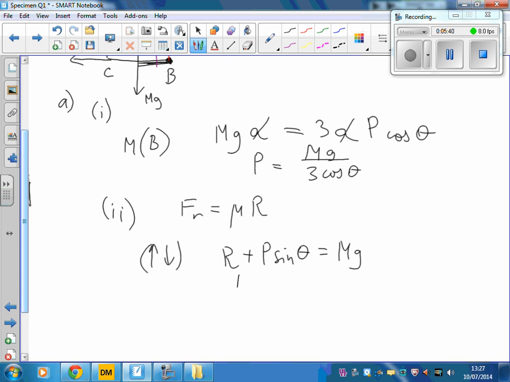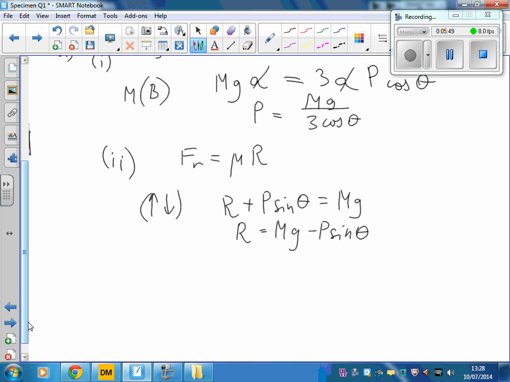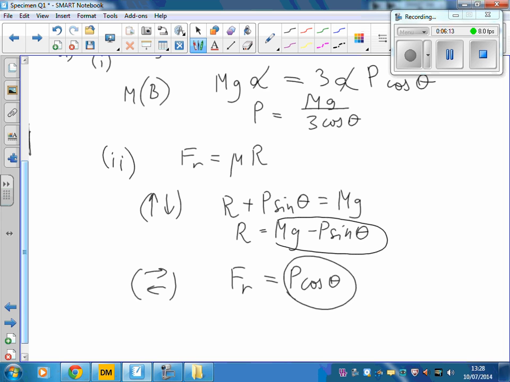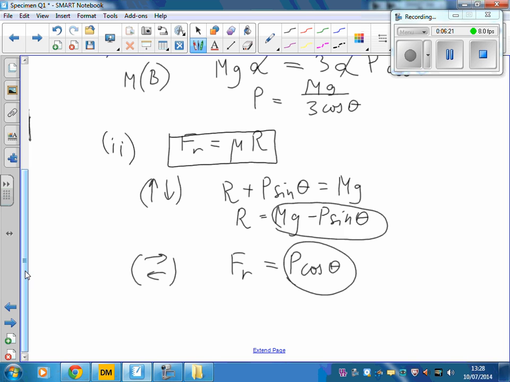And from this equation, we have the expression for R: mg minus P sine theta. Now, if we resolve forces horizontally, you can see from the force diagram that the magnitude of the friction force must be equal to P cos theta. Now, let's substitute the expressions for the friction force and for the reaction force into the first equation we have written down.